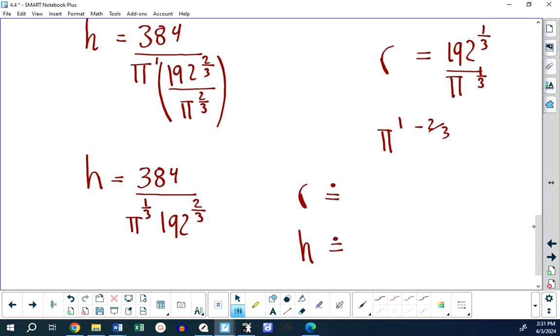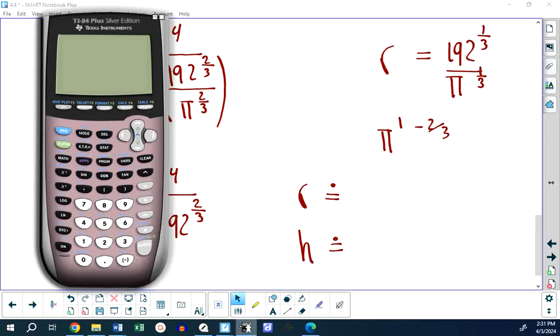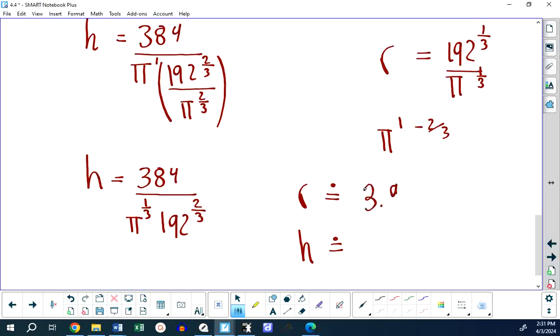And the answer here is important because it's going to lead us to something I want to talk about. What is the radius approximately? 192 divided by pi, and I need to take the cube root. That's just how I take a cube root. You'll have to deal with it. I'm raising it to the third. It's about 3.9 centimeters in radius.